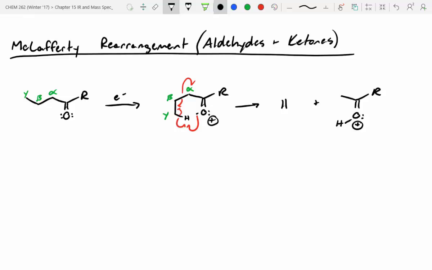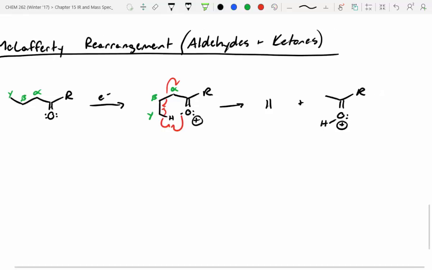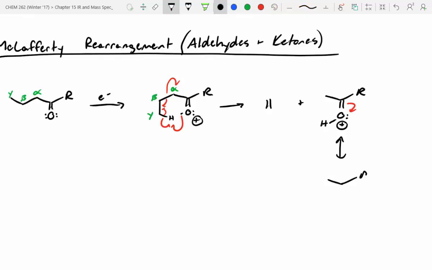And why is this such a favorable fragmentation pathway? Resonance, right? So if we look at this carbocation fragment, you can move the electrons up to the oxygen. You can say, well, this fragmentation is very probable because if you do this, you get a resonance stabilized carbocation.